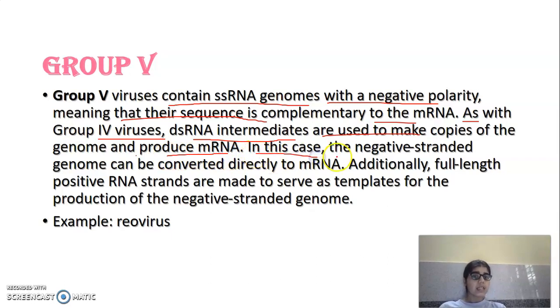In this case, the negative-stranded genome can be converted directly to the mRNA. Additionally, full-length positive RNA strands are made to serve as templates for the production of the negative-stranded genome. An example of group 5 viruses are reoviruses.